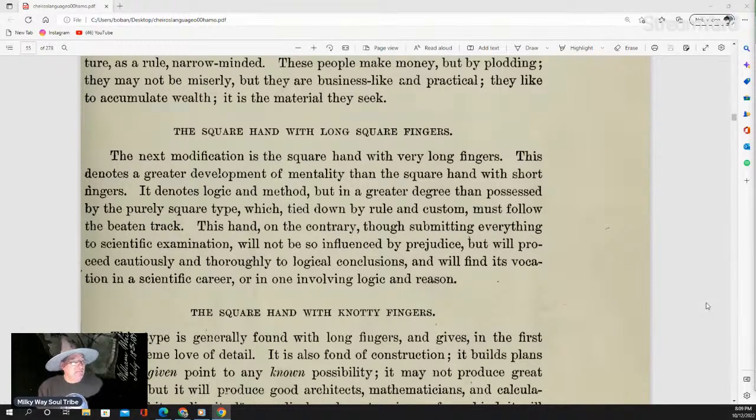This hand, on the contrary, though submitting everything to scientific examination, will not be influenced by prejudice, but will proceed cautiously and thoroughly to logical conclusions, and will find its vocation in a scientific career or one involving logic and reason. I might be one of those.